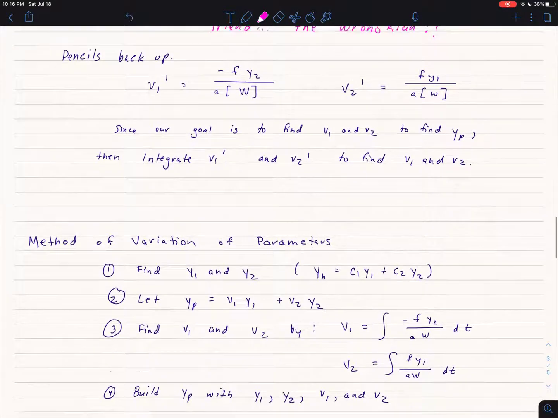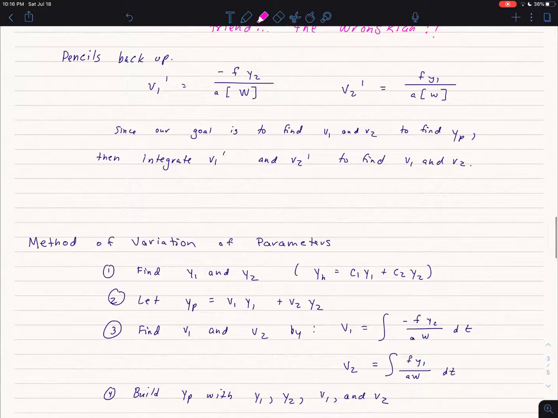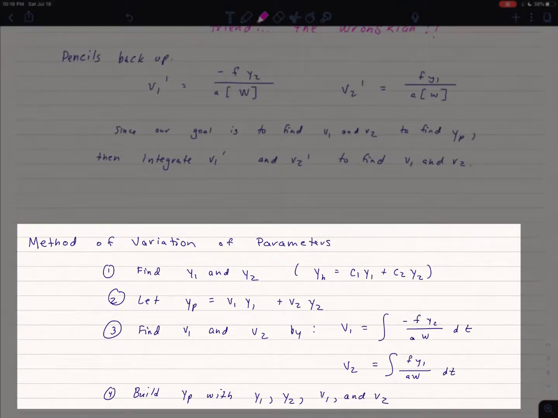So, here's our method. First of all, we take our differential equation, make it homogeneous, and find y1 and y2. We're going to say that y particular is equal to some function v1 times y1, that is part of my homogeneous solution, plus v2, some function, times y2, the second part of my homogeneous solution.